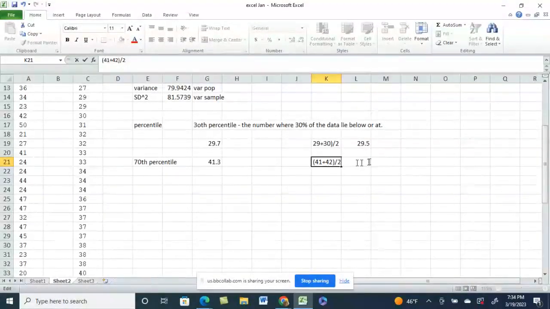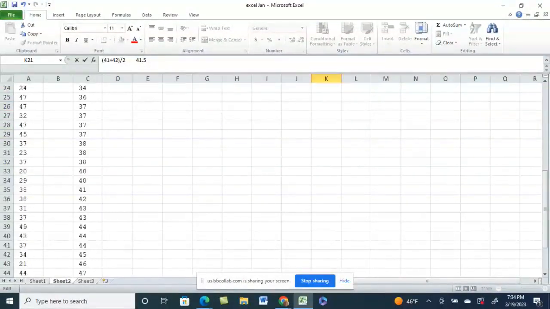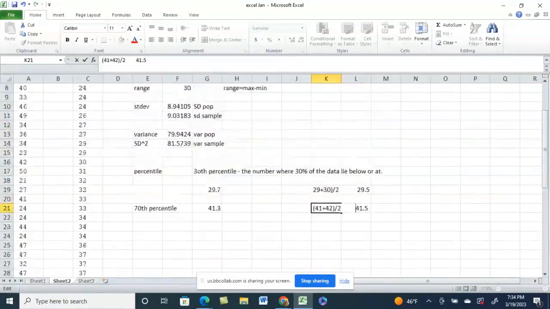And that would be 41.5. And again, you can see those aren't exactly equal, but they're close enough. You're still going to have 70% of the numbers below that 41 point something.